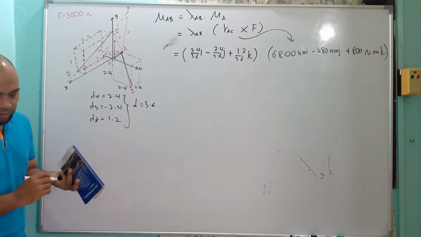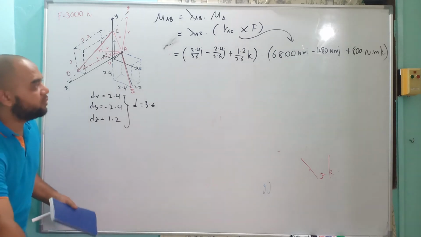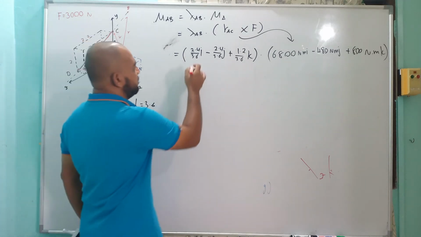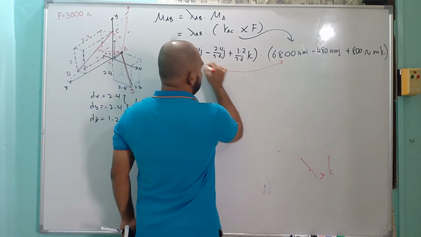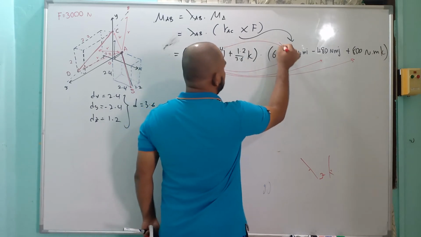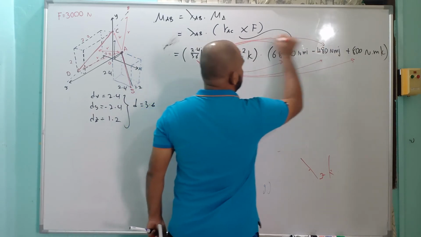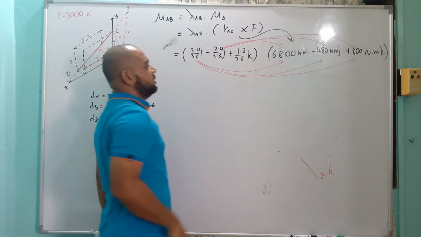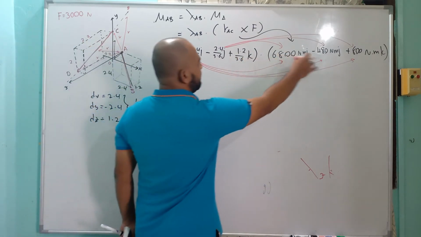Same as the cross product, we will do it one by one, using this one, 1, 1, 1.